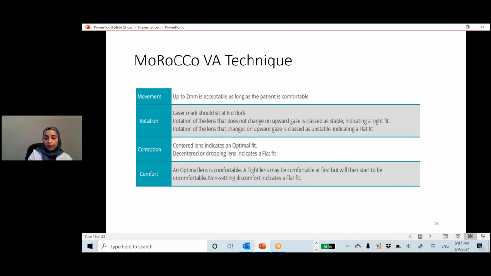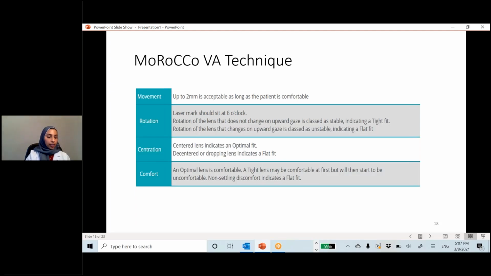Conversely, if you see minimal movement, you are not going to see that rotation moving and unstable. It's going to be locked on somewhere, and traditionally, if the lens is too tight, you wouldn't actually see that marking at the 6 o'clock. Sometimes you will, but it may be in a different position.